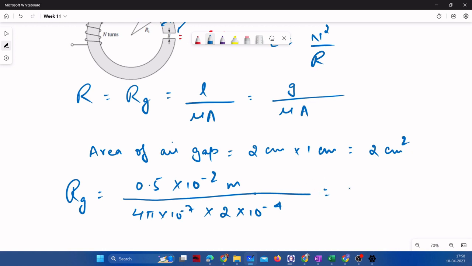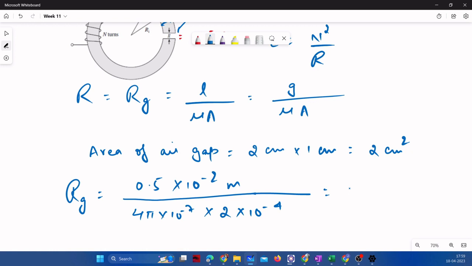So how much will it come? 0.5 divided by 4 into pi into 2 into 10 to the power 9.